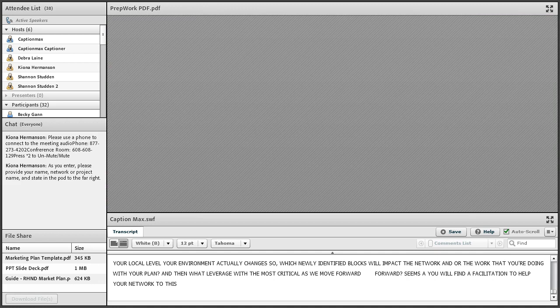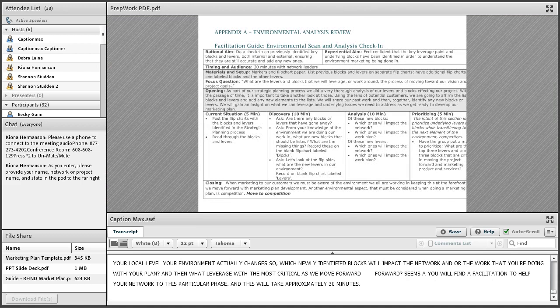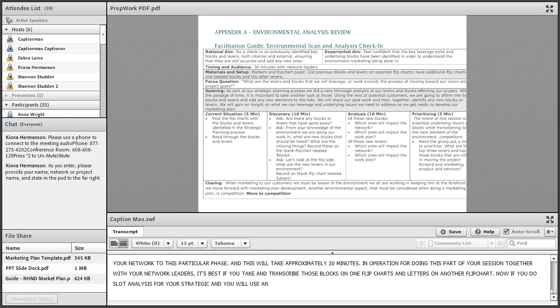In Appendix A, you will find a facilitation guide to help your network do this particular phase of information gathering. And this will take approximately 30 minutes. In preparation for doing this part of your session together with your network leaders, it's best if you would transcribe those blocks on one flip chart and levers on another flip chart.